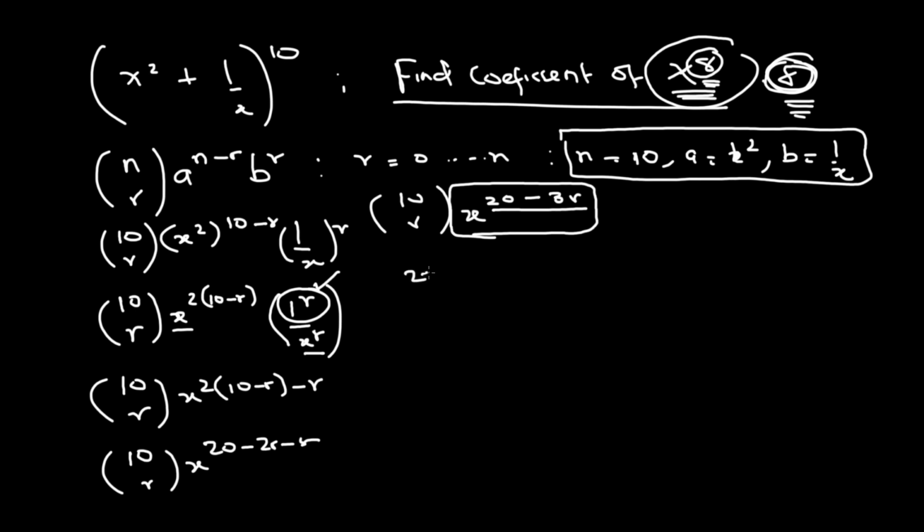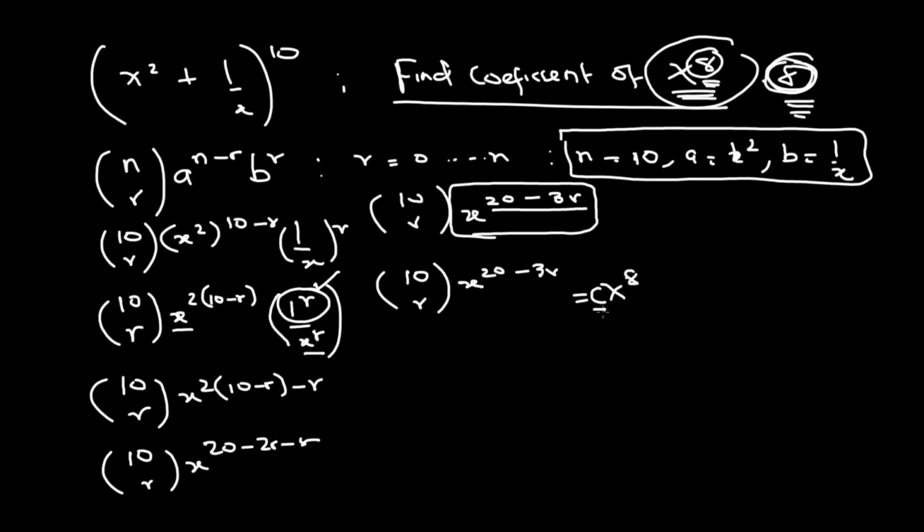So we can say 20 minus 3r is equal to... in fact, to really show what we are talking about, we're going to have 10Cr like this, and then x^(20 minus 3r) is equal to x^8. Now we're going to have a coefficient here, c x^8.